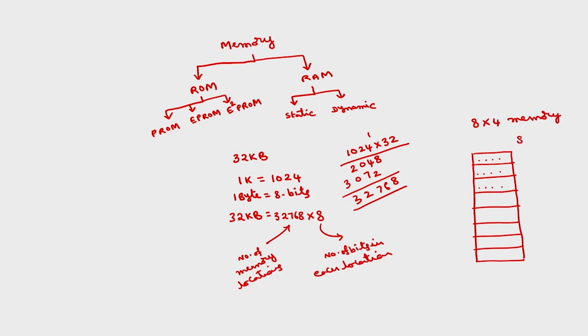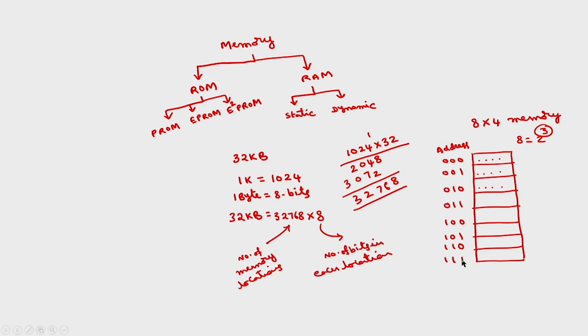This 8 you have to represent as a power of 2, 2 cube. So, 3 bits are required to address each location. Normally all the memories will have the number of locations as a power of 2. Here I will call this the address. The address of the first location will be 000, then the second one is 001, 010, 011, 100, 101, 110 and 111.